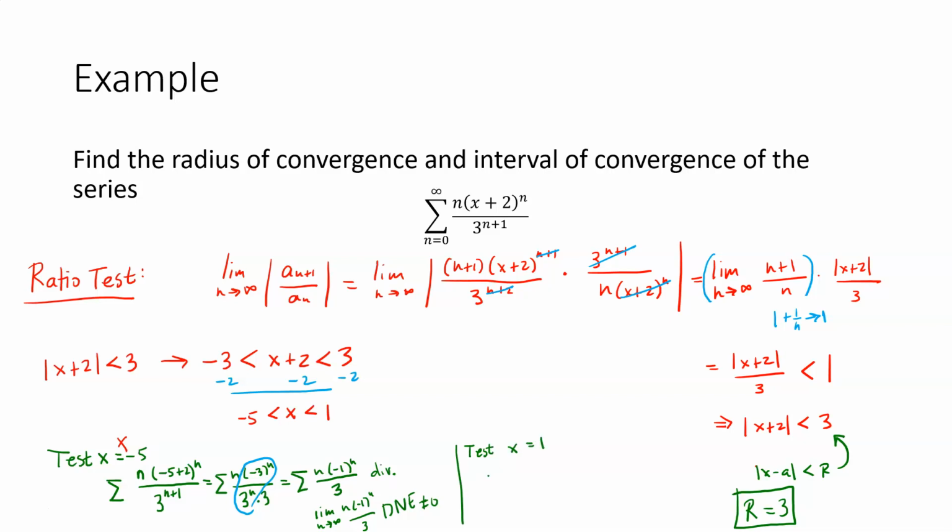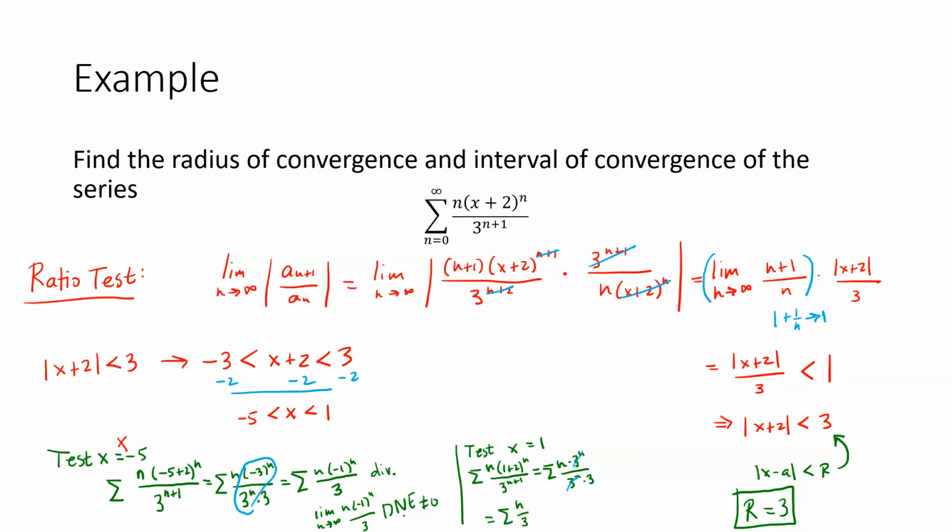So at x equals 1, what happens? We'll put x equals 1 into our series. So again here we get the series n times 3 to the n over 3 to the n plus 1, so that's 3 to the n times 3. Notice now the 3 to the n's divide, and so this becomes the series n over 3.